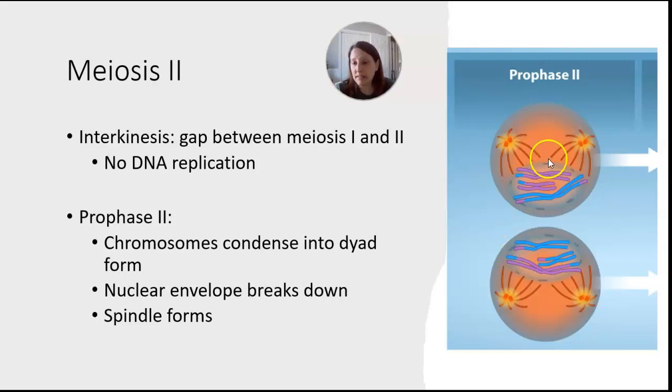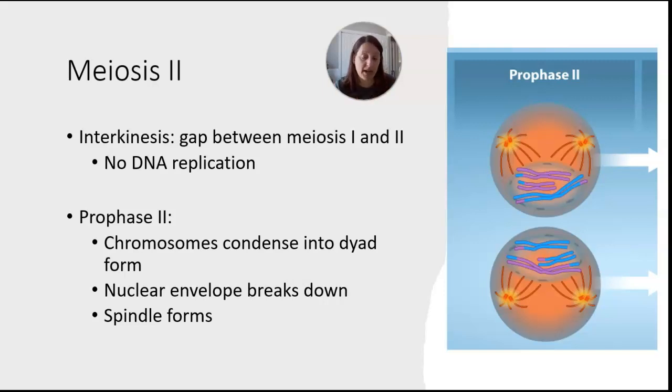In this other cell's nucleus, again, I have 1, 2, 3 chromosomes. This chromosome here and this chromosome here were a homologous pair. This chromosome and this chromosome, this chromosome and this chromosome, they were 3 homologous pairs back in meiosis 1.